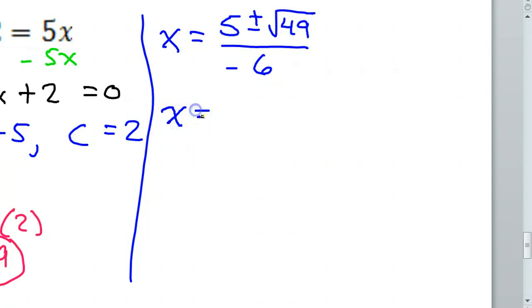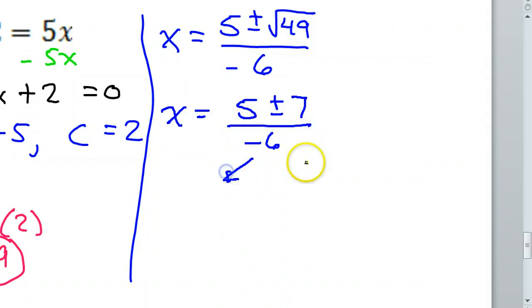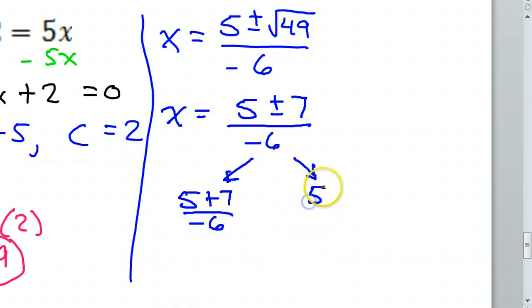So this gives me 5 plus or minus 7 over negative 6. Time to split this up: 5 plus 7 over negative 6, or 5 minus 7 over negative 6.